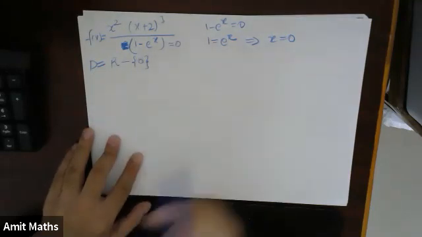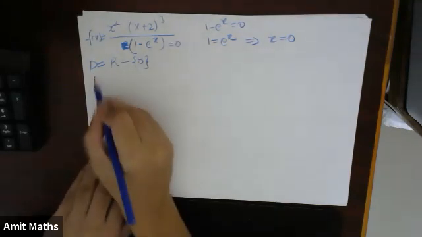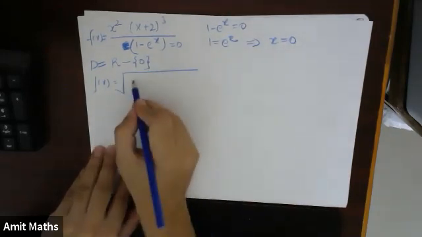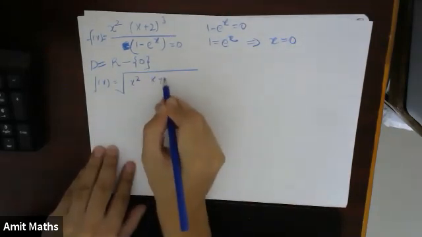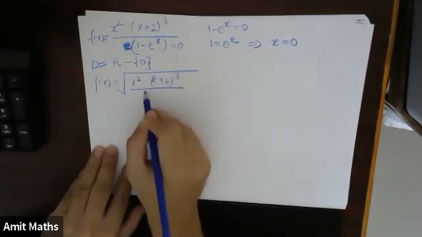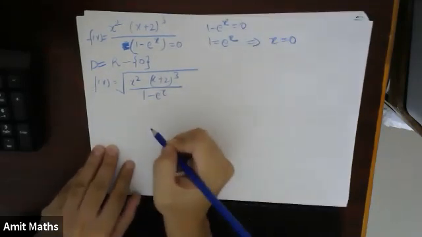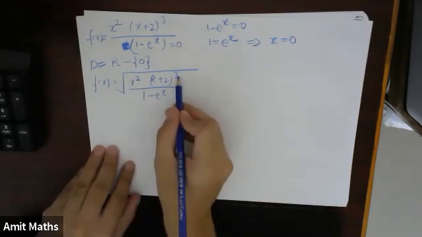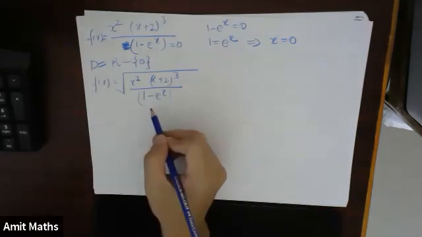But our original question was f of x is equal to under the root of x square into x plus 2 whole cube upon 1 minus e to the power x.